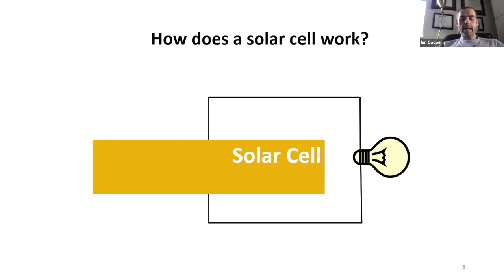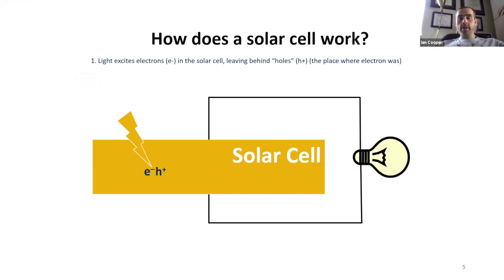So now let's talk about how this solar cell works. I hope everyone can see my animation. Now, what happens is light, when it shines on the solar cell, will produce electrons in an excited state. What does that mean? It means when the light shines onto the solar cell, it makes the electrons excited.